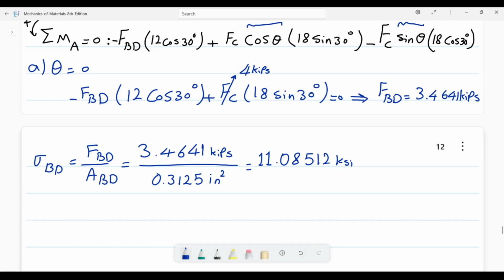Let's move to part B. For part B, theta equal 90 degree.